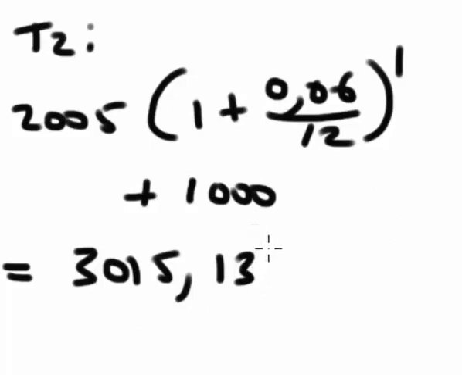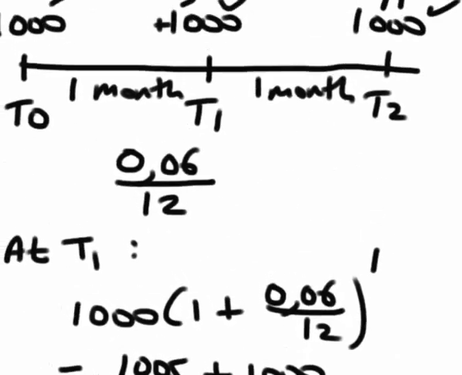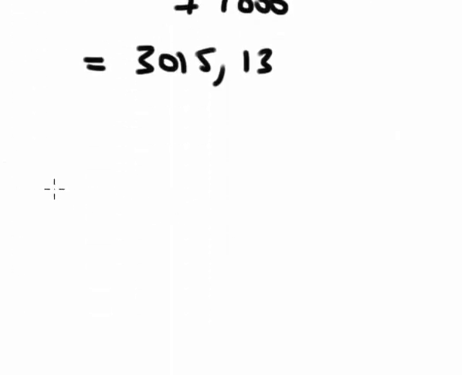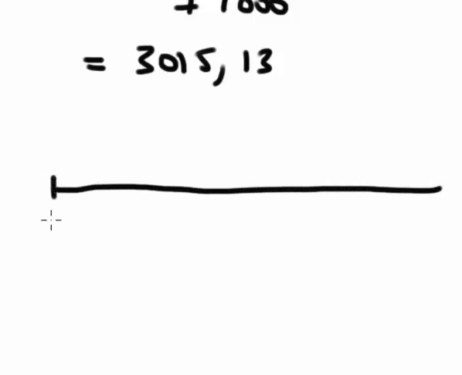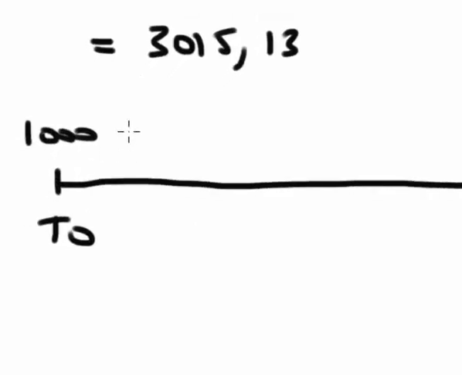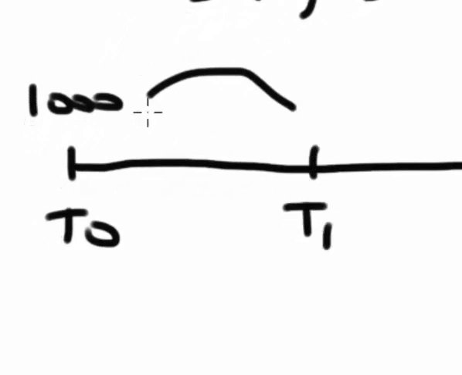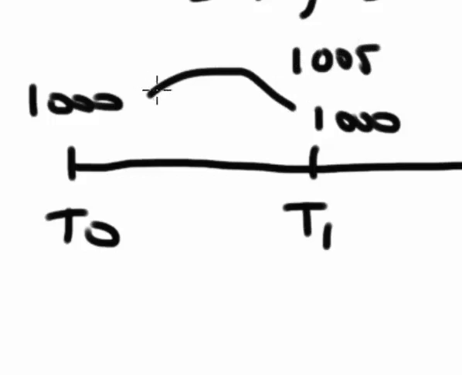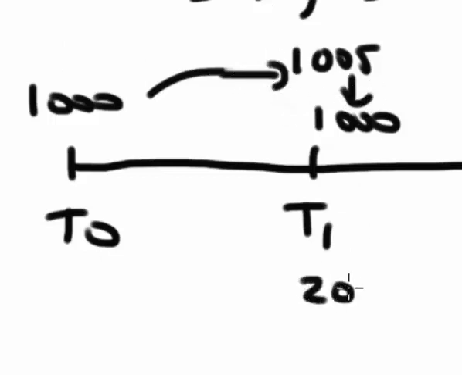Okay, so people, this is the long way of doing it. So what did we do? We started off by putting 1,000 rand in. It grows for a month, and then we add in another 1,000 rand. So this amount grew to 1,005 rand. We then add in that, which gives us a total of 2,005 rand.